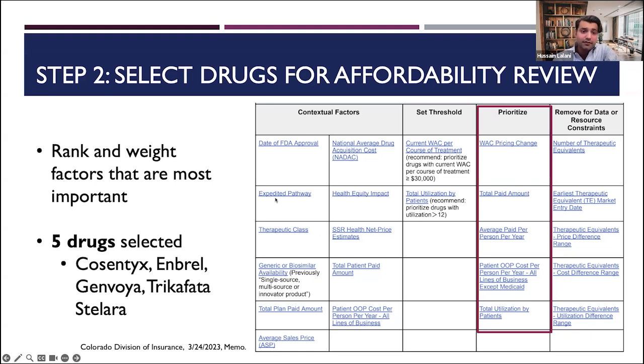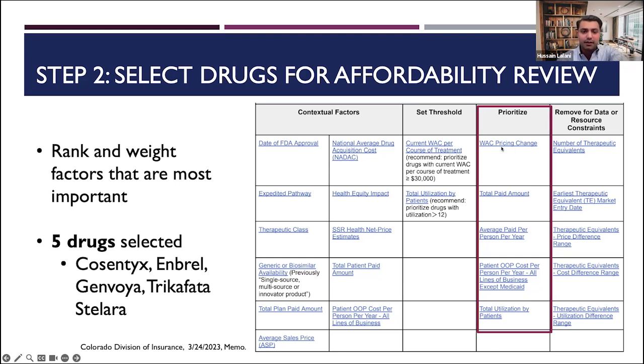And there were a number of other factors, including a factor on health equity, which therapeutic class the drug was in, and the number of therapeutic equivalents or competitors, that were considered and reported on. But in the end, these were the criteria that they decided were the most important. And based on that, they then picked 5 drugs to select for an affordability review.